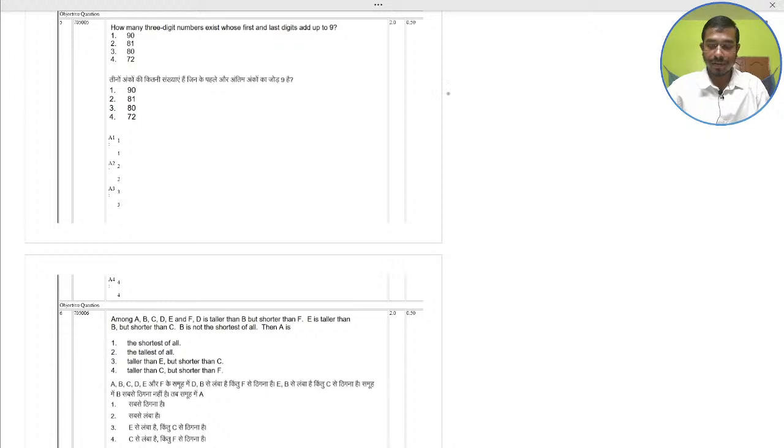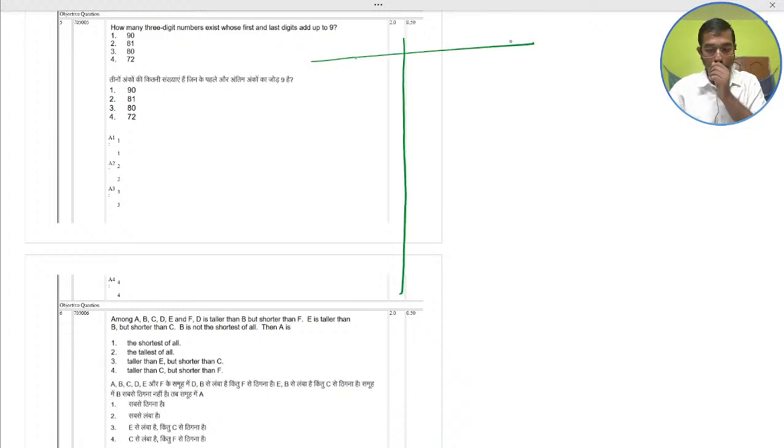I just draw a table. You just look at this board. This is the range, and here the frequency, because frequency means the number of numbers.